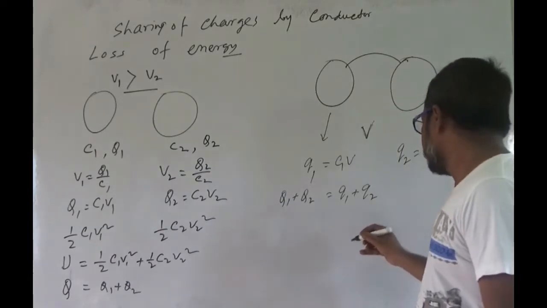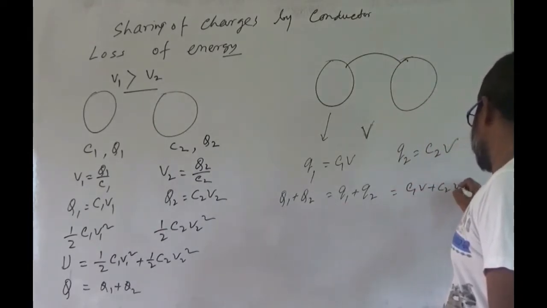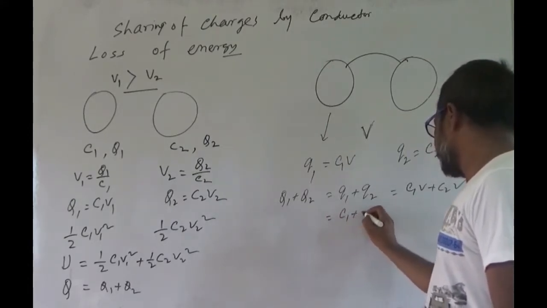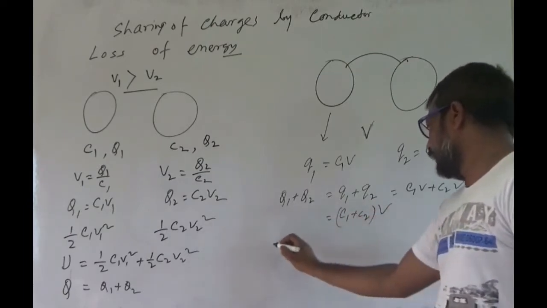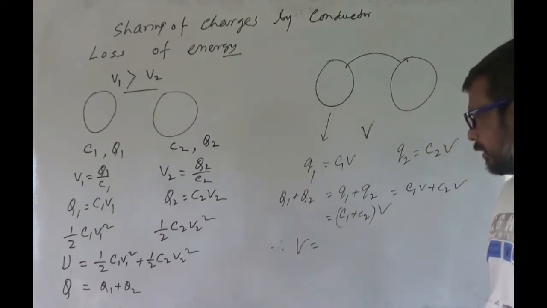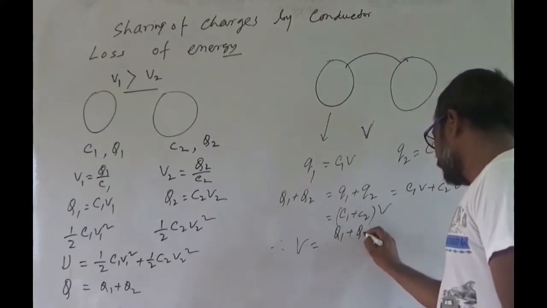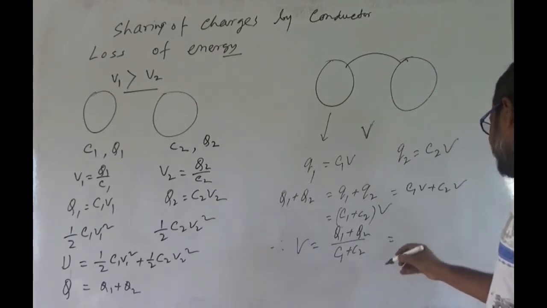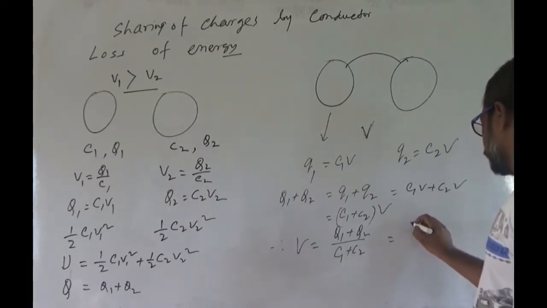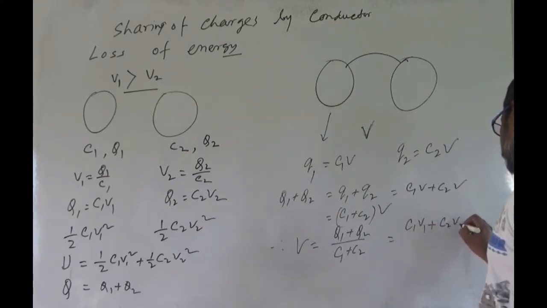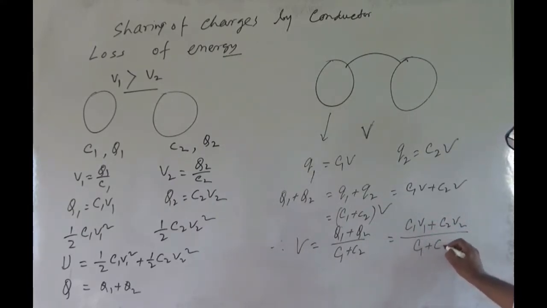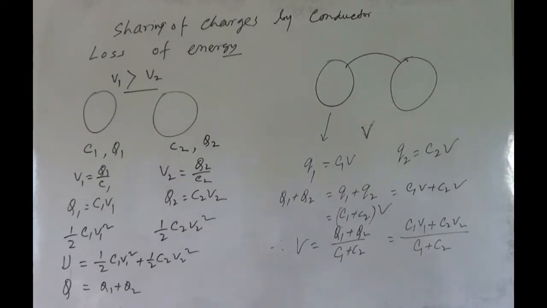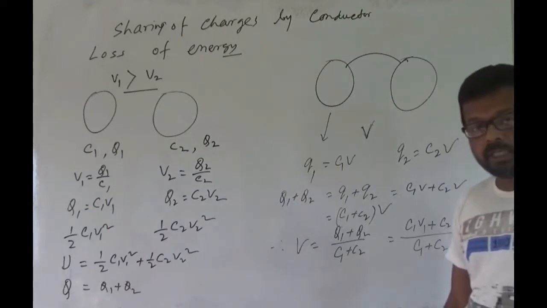That is, Q1 plus Q2 is equal to C1V plus C2V, which is C1 plus C2 into V. Therefore, the common potential V is equal to Q1 plus Q2 divided by C1 plus C2. Or you may write this, since Q1 is equal to C1 V1 and Q2 is equal to C2 V2, as C1 V1 plus C2 V2 divided by C1 plus C2, the common potential of both conductors.